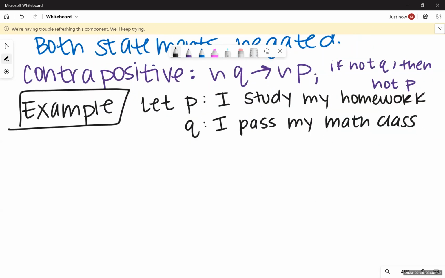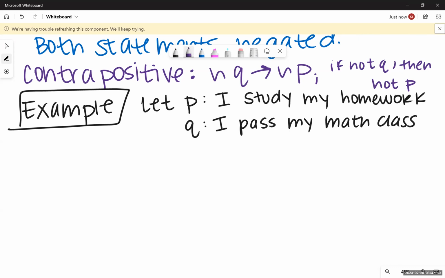So once they give me simple statements, I can now write the parent conditional statement, then the converse, and then the inverse, and then the contrapositive. Okay, so the conditional is just if P then Q, converse is if Q then P, inverse is if not P then not Q, contrapositive is if not Q then not P. Okay, so we're just going to be adding the words not and then if and then to these statements where appropriate. Okay, so let's do that.